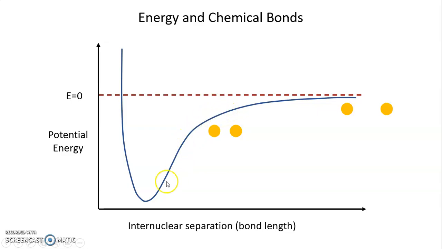If we then follow the curve all the way down to the minimum, there's some optimum distance where the atoms are just the right distance apart so that they have their best, lowest potential energy down here.